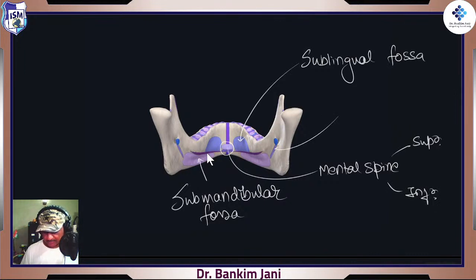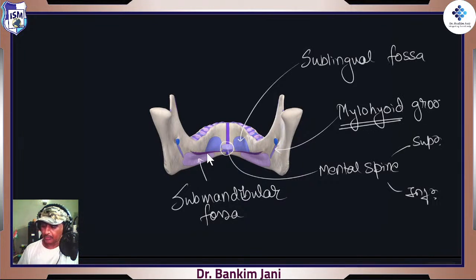This particular line, on both sides, this is the mylohyoid. So mylohyoid is one important muscle, right? So this is the mylohyoid groove. That's it. And this one in between is the mandibular symphysis. More as we talk about it. And this one is obviously what I told you. Remember, it is the lingula. Right? Okay.